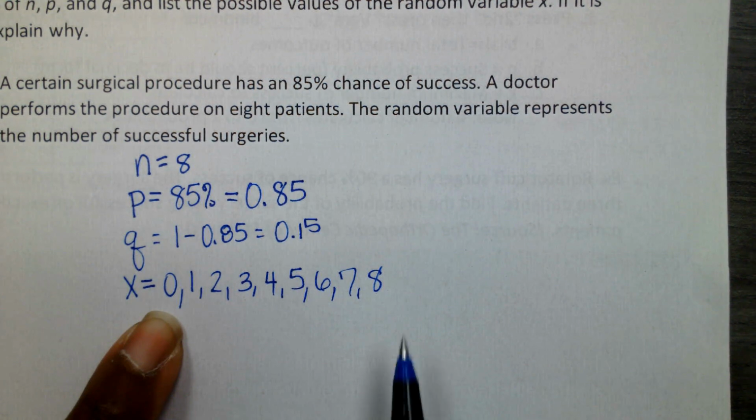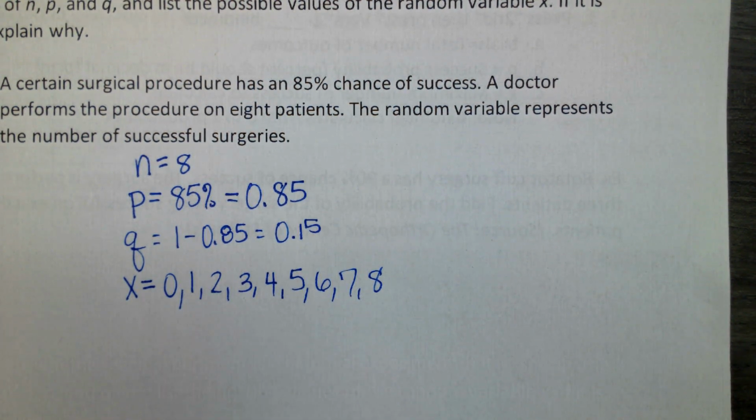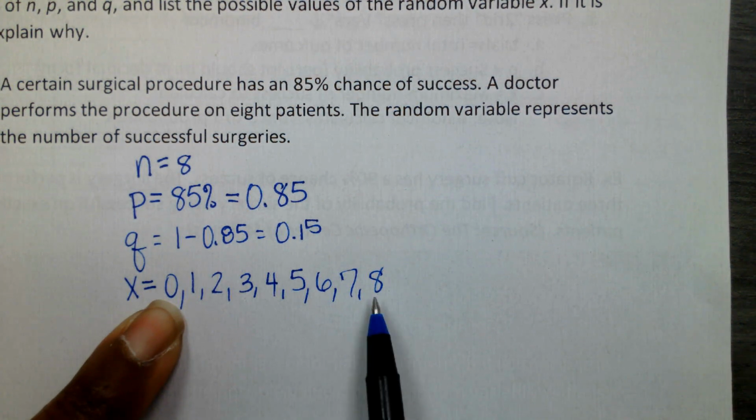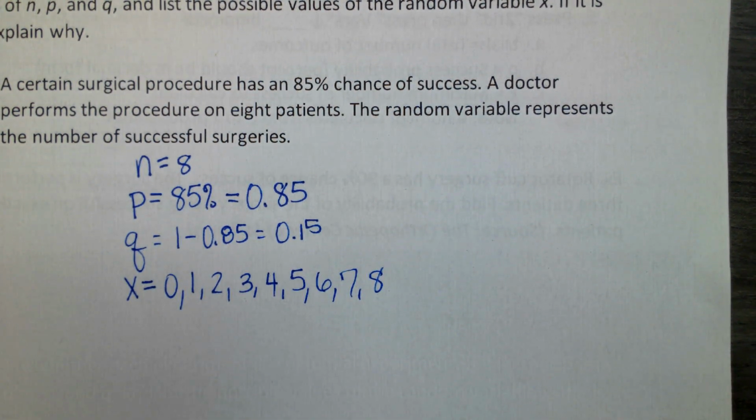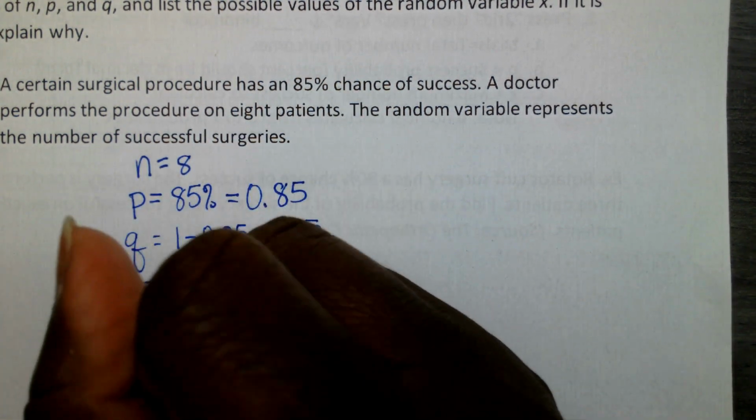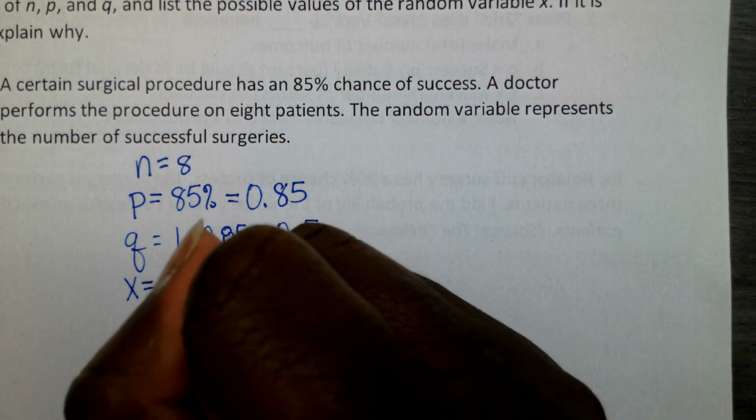So none successful, all successful, everything in between. That's all of our possible x's. In the beginning, I like to list all your possible x's, with a 0 in the front and then all the way up to our N, until you get used to it. So this is a binomial experiment.